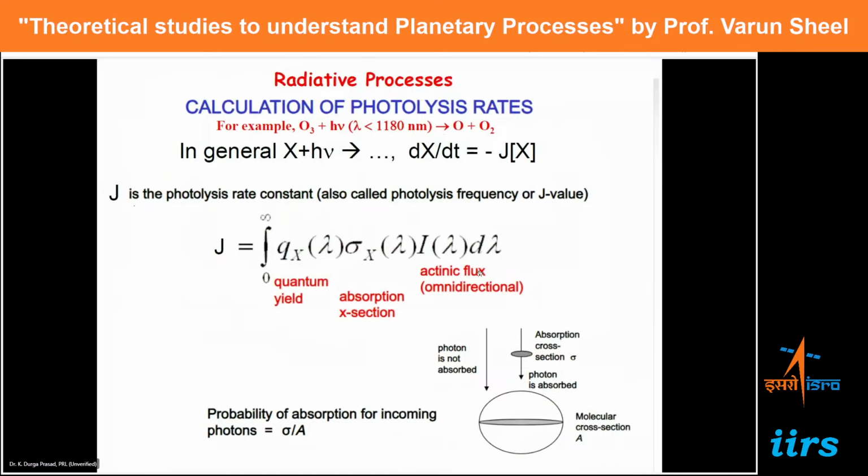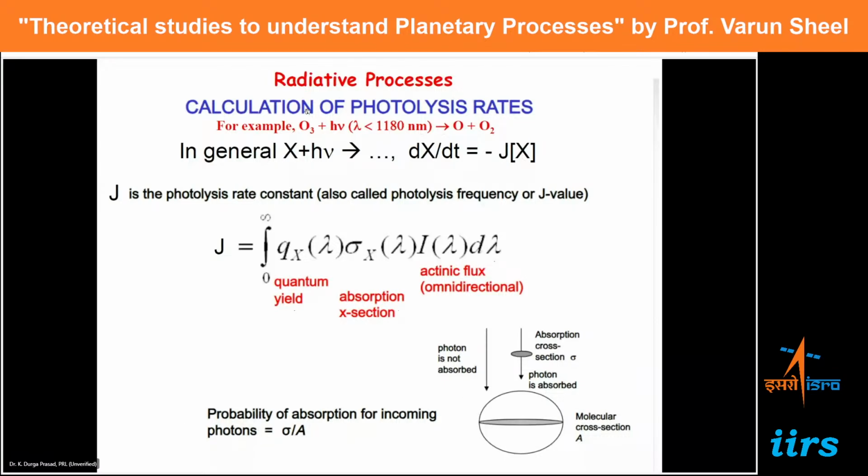It contains three main aspects. One is the quantum yield, another is the absorption cross section, and the third is the actinic flux, which is omnidirectional. Basically, if you have a molecule, then it will have some cross section. In some cases, depending upon the photon, some photons can be fully absorbed, some photons may not be absorbed. So the probability for incoming photons would be sigma.